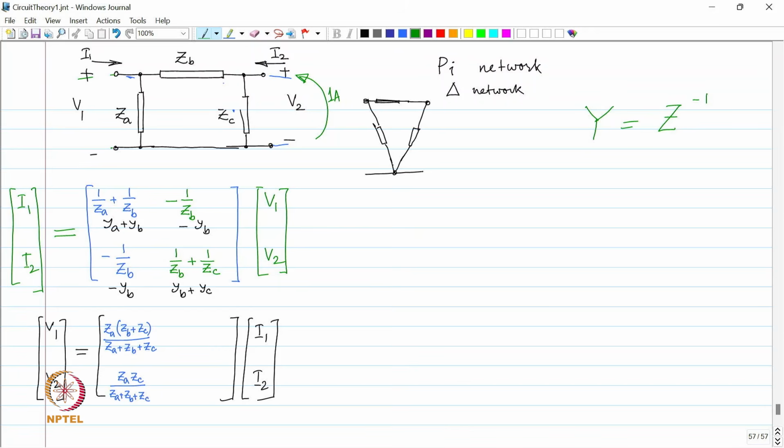And in this case ZC is going to be in parallel with ZA plus ZB, right. And therefore, okay, that is going to be V2.